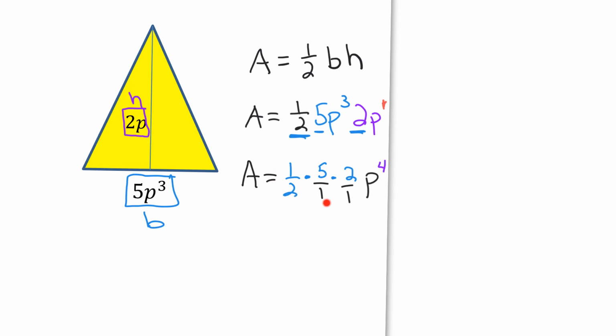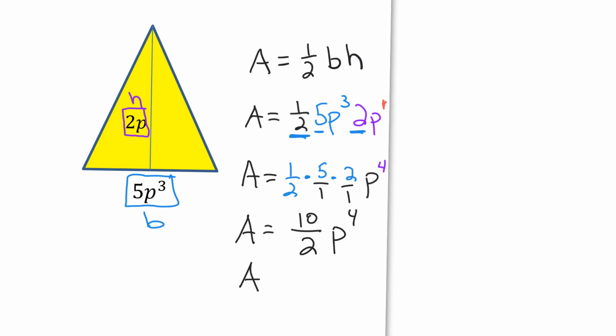But let's go ahead and simplify this right here. We have 1 times 5, that's 5, times 2, that's 10. So I have A equals 10 over 2 times 1 is 2, and 2 times another 1 is 2. So you have 10 over 2, and you bring down the p to the 4th power.